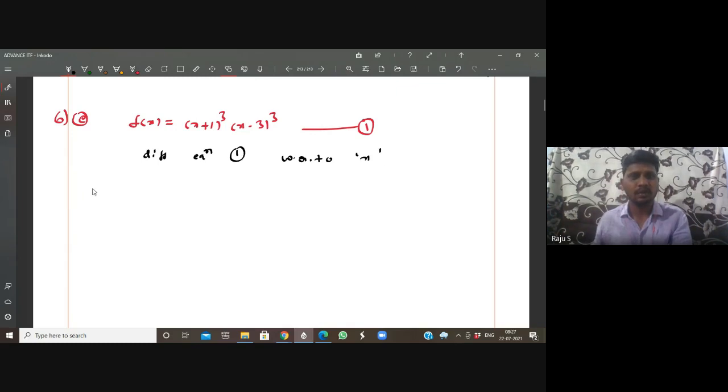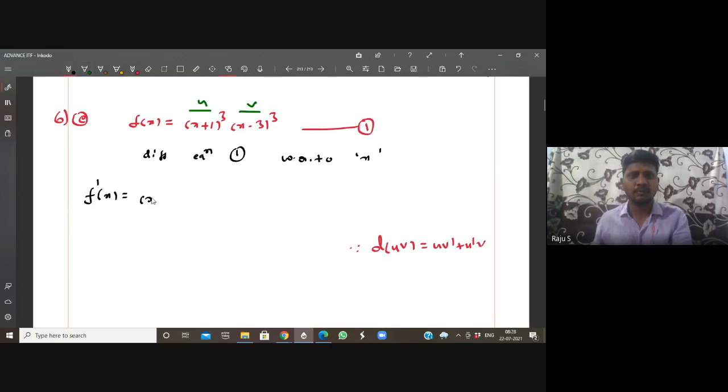Here f dash of x is given by the uv rule. Let us take x plus 1 whole cube as u and x minus 3 whole cube as v. The formula is d of uv equals u v dash plus u dash v.